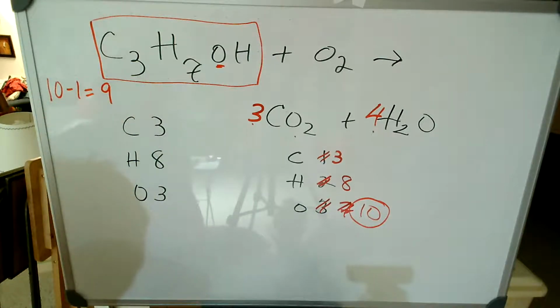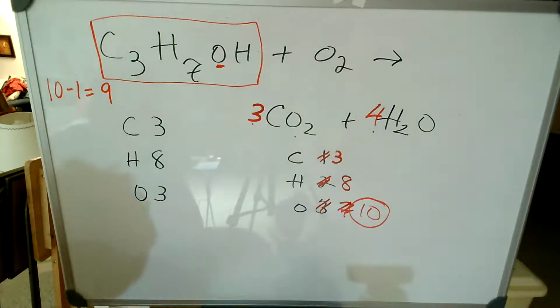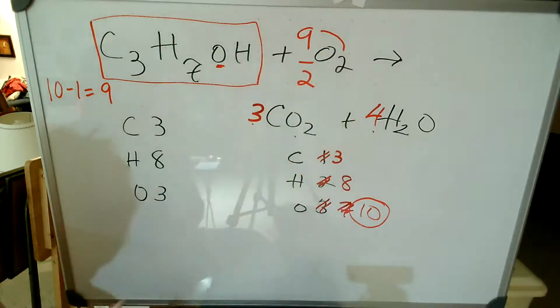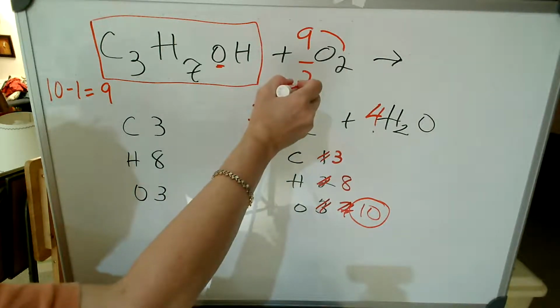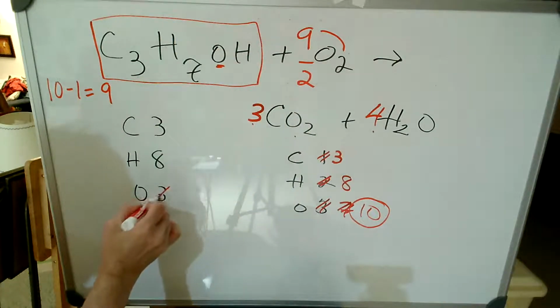How are we going to get 9 from an even number of O2? Very simple. Here we're combining. When we use the 9 halves, we're going to multiply 9 by 2, which is 18, and divide it by 2, which is 9. 9 and 1 is 10.